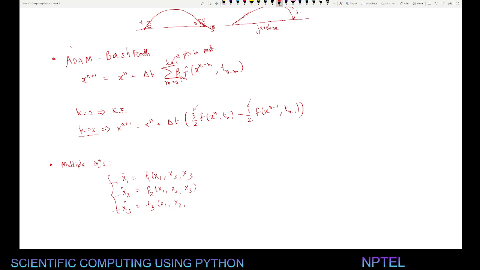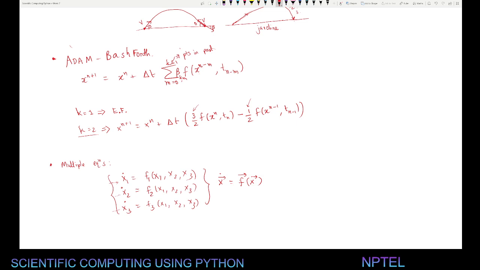So the general way to write this is that you have some vector x dot, and there is a vector of functions, f1, f2, f3, etc., which operates on this vector x.